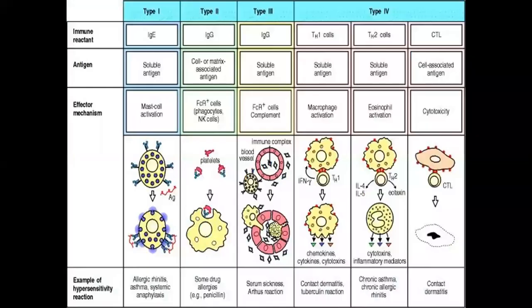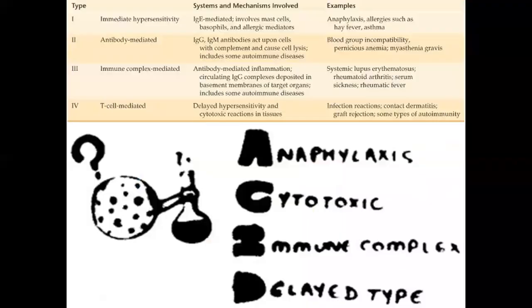Lastly, this is the summary of all the hypersensitivity reactions we did today. So you have to know the antigens which are involved. You have to know the antibody, where it is present, either soluble or present on the surface. You have to know the effector mechanism, and then certain examples of each regarding your third year course.